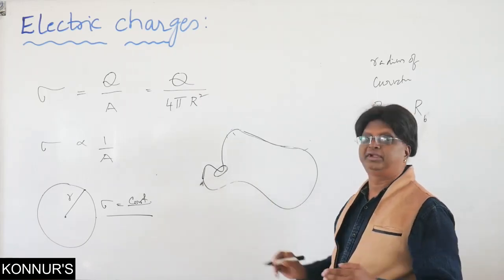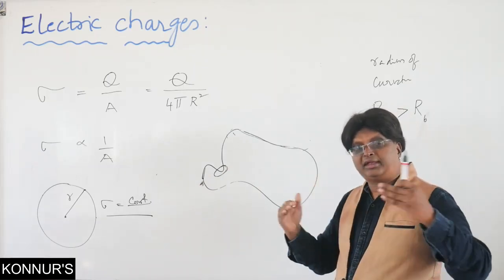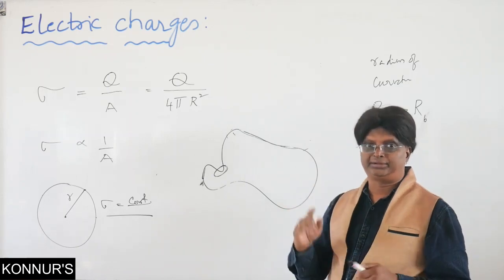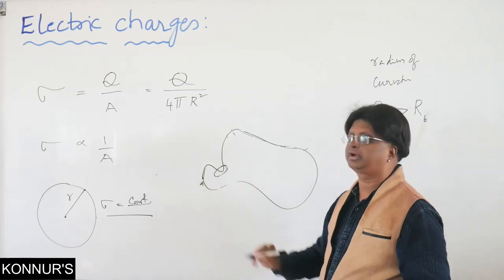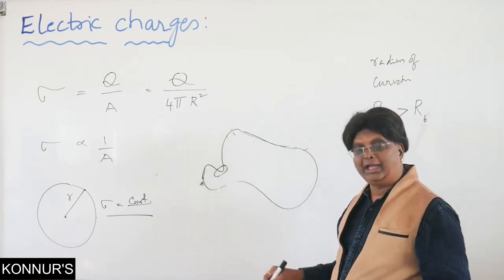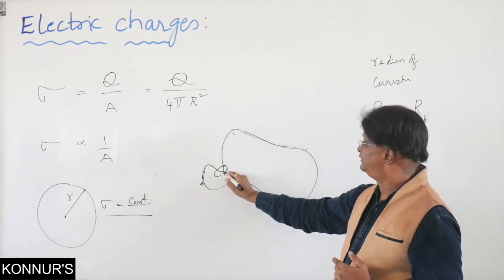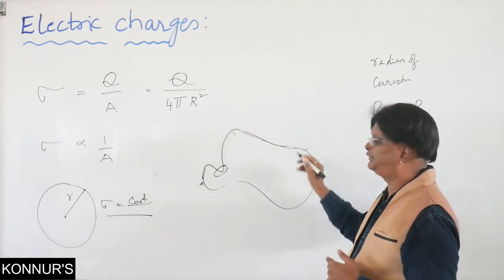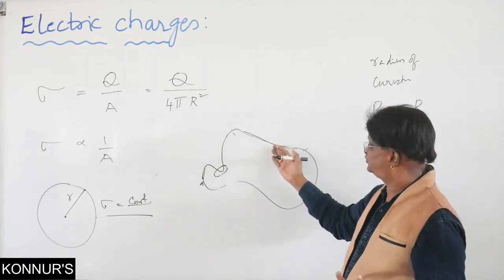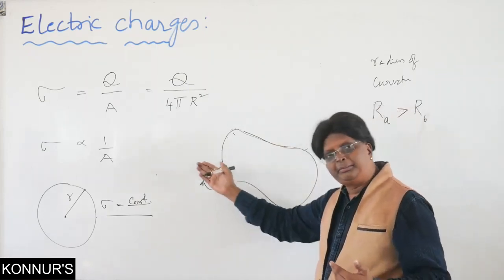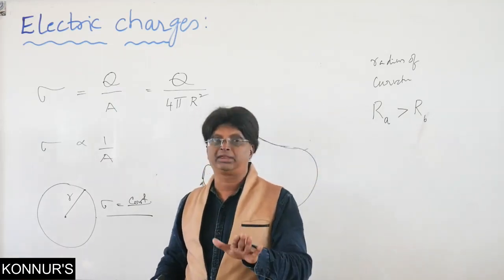More curved surfaces appear to be sharper and more radius of curvature appears to be blunt. Therefore, the most curved part will have higher surface charge density, and here at this part it will be the least surface charge density, and depending upon the degree of curvature at other places also sigma varies.